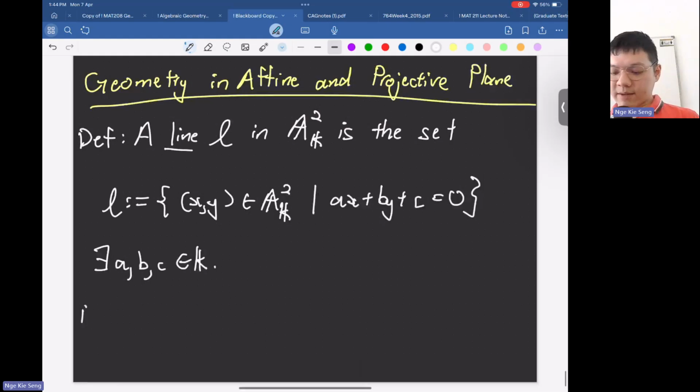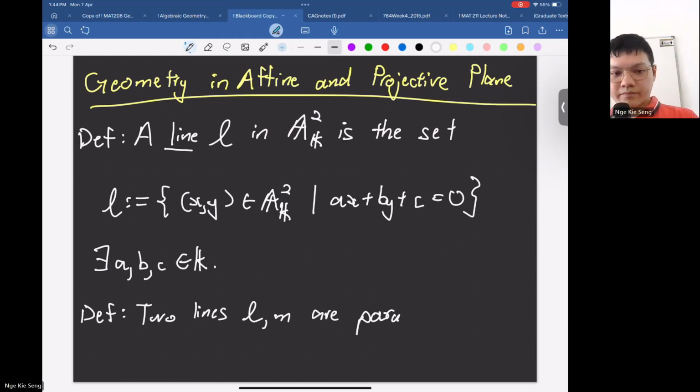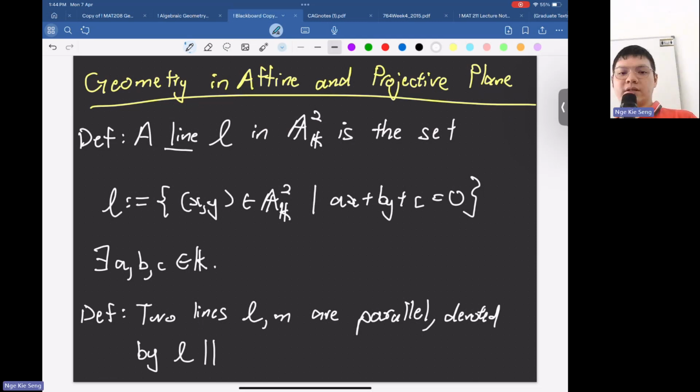And then we're going to define what parallel means. So two lines L and M are parallel, which we denote by L double line M, without touching each other. Very symbolic. If, what do you think?